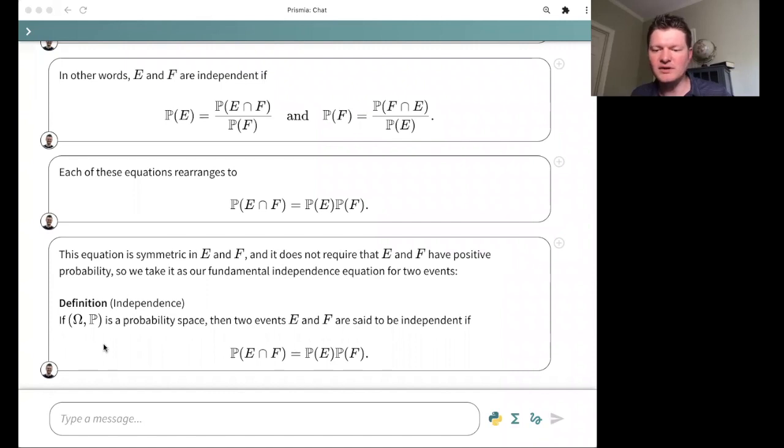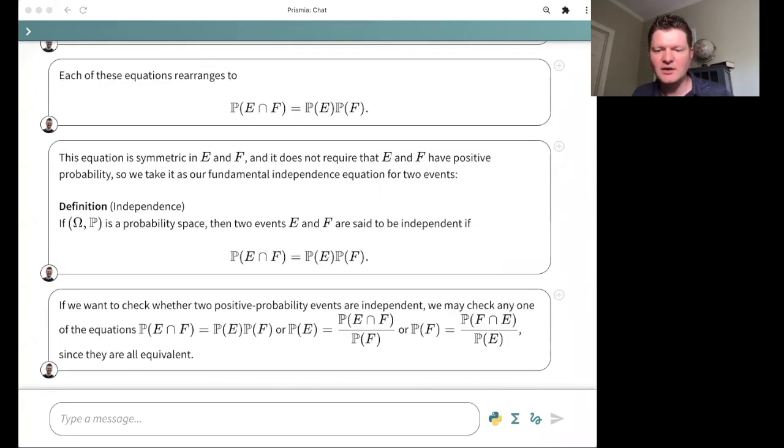So we have a probability space and two events defined on that same probability space. Then the probability of E and F is equal to the product of the probability of E and the probability of F. If that is true, we say the events are independent. And if the events are independent, that equation must be true. So this is a definition. If we want to check whether two positive probability events are independent, we probably just want to use this equation.